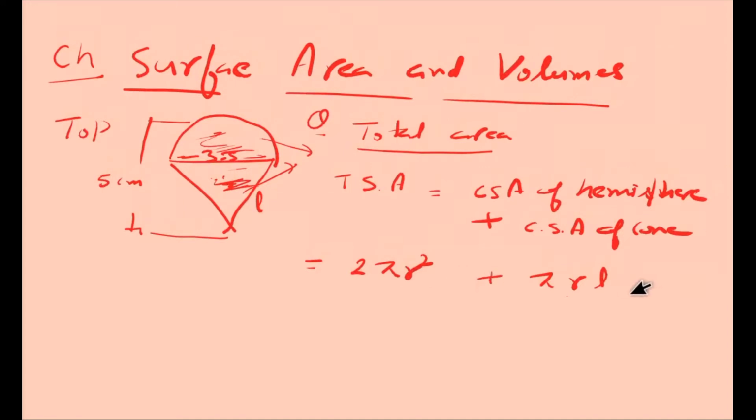First you have to find the slant length l. You can see this one is total 5. And what about this height? This height is 5 minus this radius 3.5 upon 2. The total height is 5, so this height, let it be h, is 5 minus 3.5 upon 2.